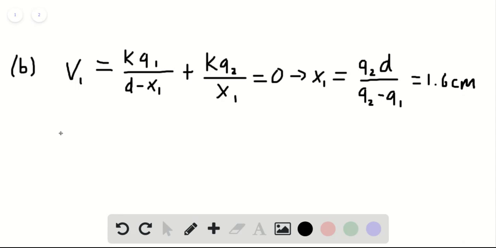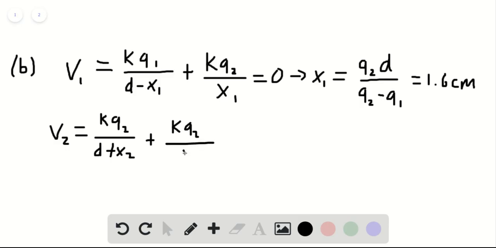Okay, and then where the other potential V2 would be equal to 0, this is going to be K times Q2, this time not magnitude. The charge, positive or negative value of the charge, matters here. So D plus x2 plus K Q2 divided by x2.